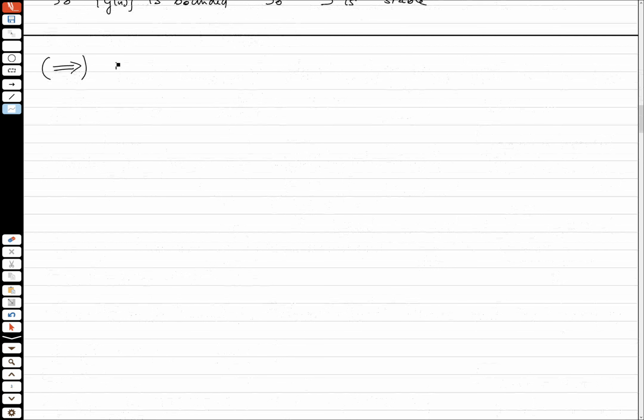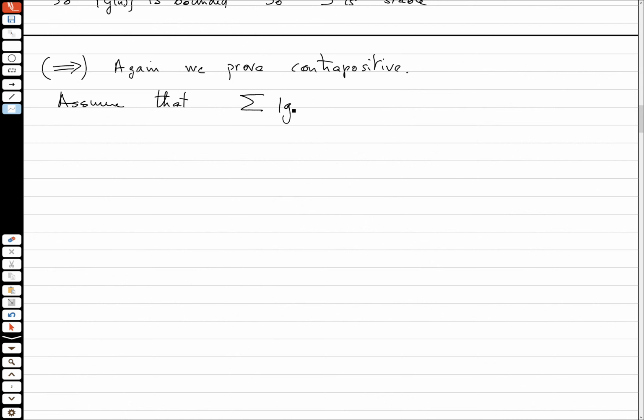Again, we prove the contrapositive. So assume that this diverges.